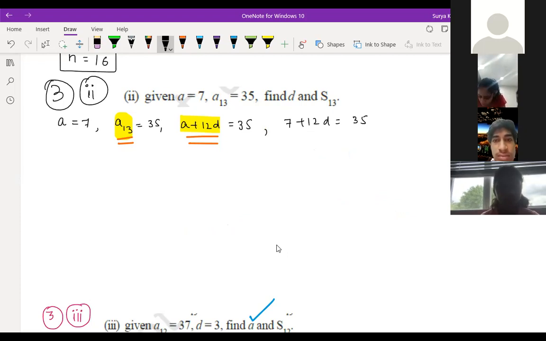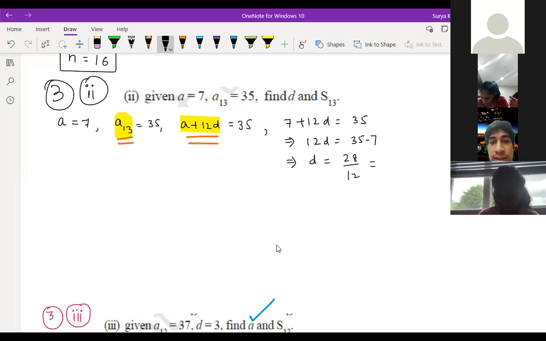After that, sir, 12d is equals to 35 minus 7, right? Yes, sir. Then we have to divide with 12, sir. So 28 by 12, no? Yes, sir. What do you get?